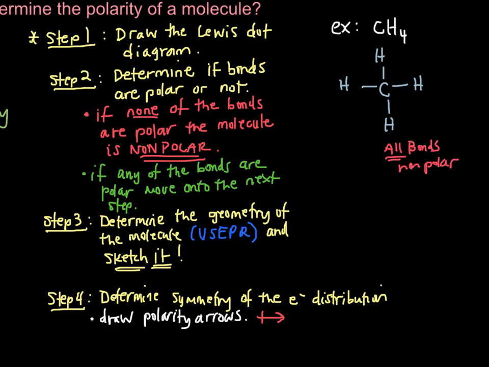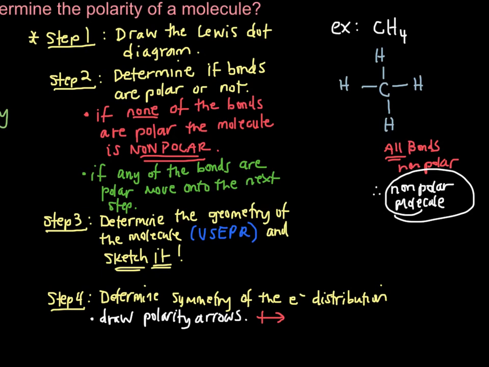And what we said over here is that if none of the bonds is polar, then that makes the molecule a nonpolar molecule, because none of the bonds is polar. So we don't have to move on and do any of the rest of the steps because we've determined that the molecule is nonpolar.